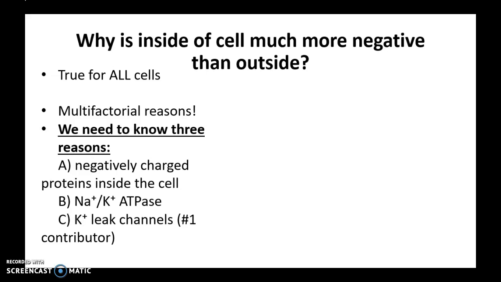They are listed as A, B, C here, but they are not in order of importance. Okay, so let's draw a cell. We have negative charges inside and positive charges outside.